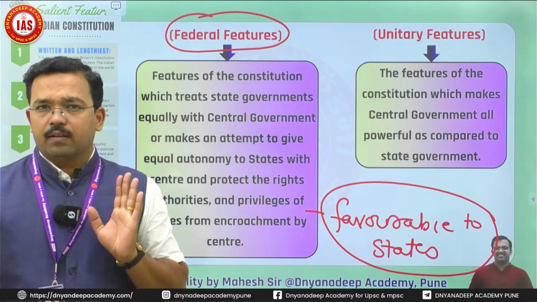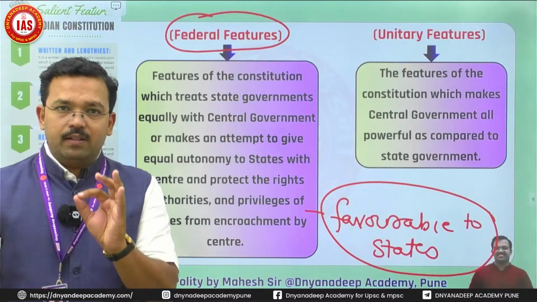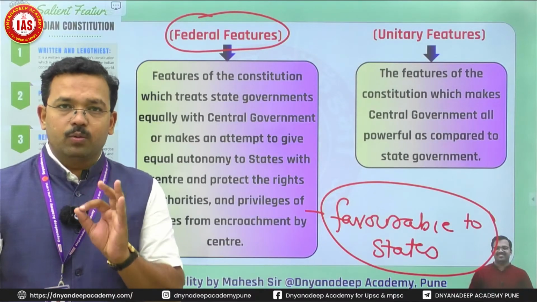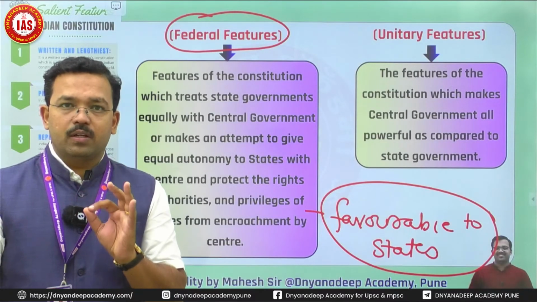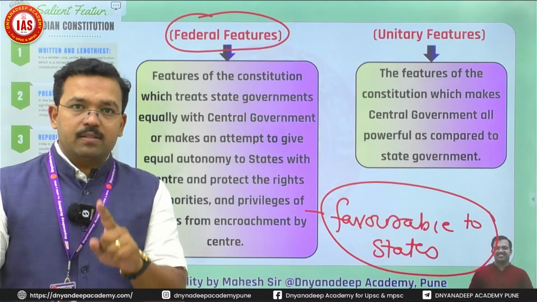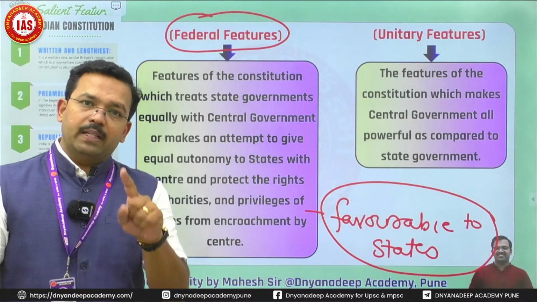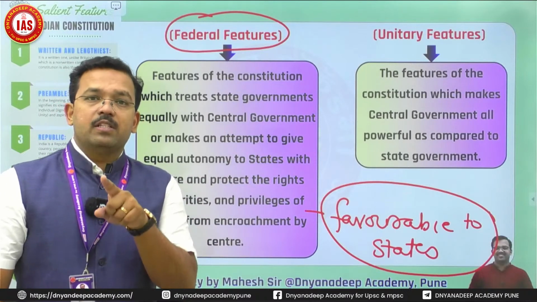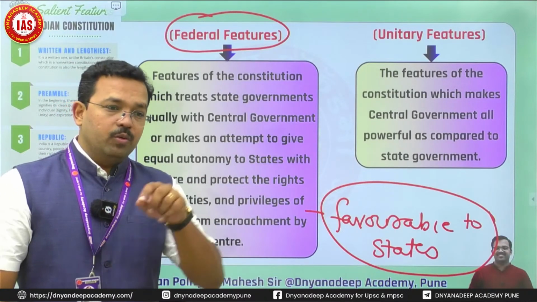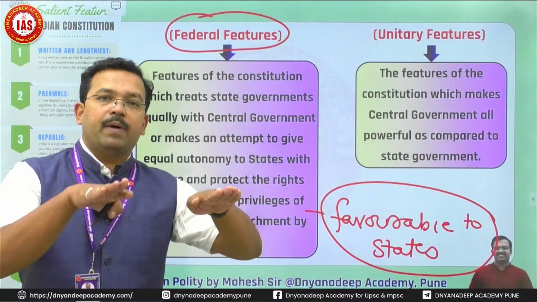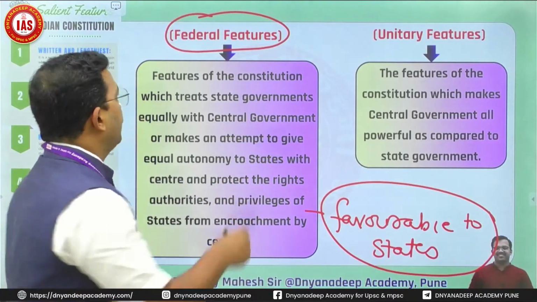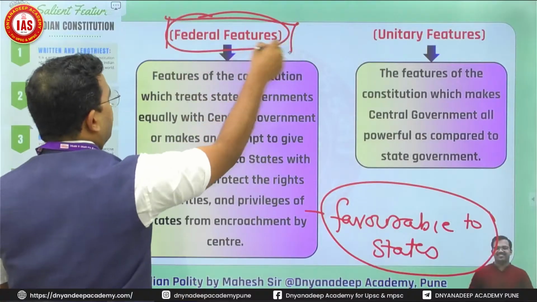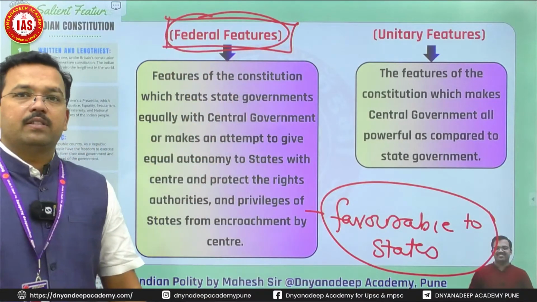Simple line is there. Those features of the Constitution which protect states from encroachment by the center, and those features which make an attempt to give equal power to the states at par with the center are called federal features. So remember, federal features favor whom?